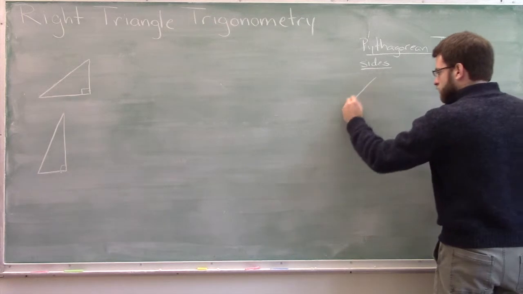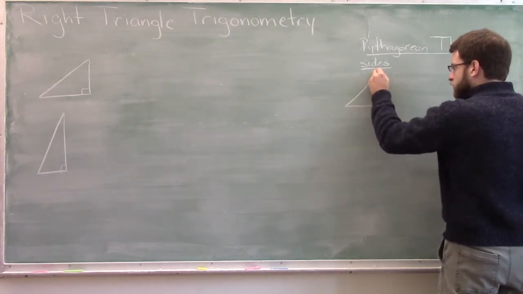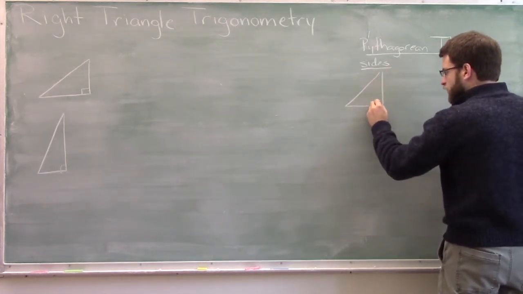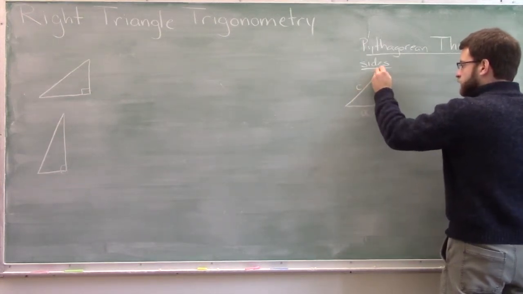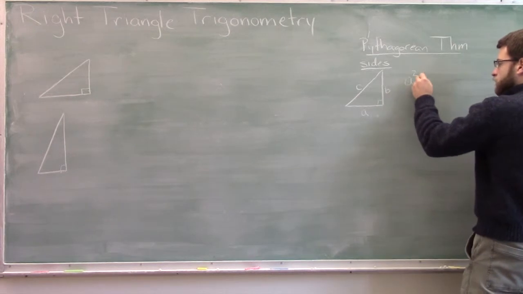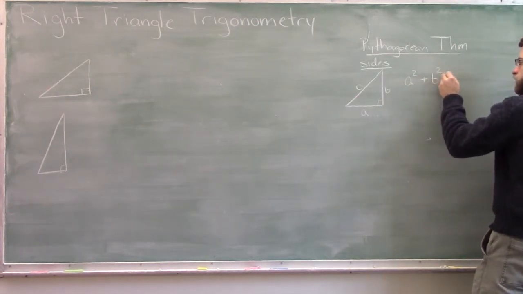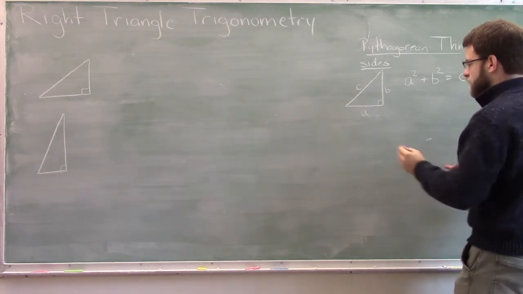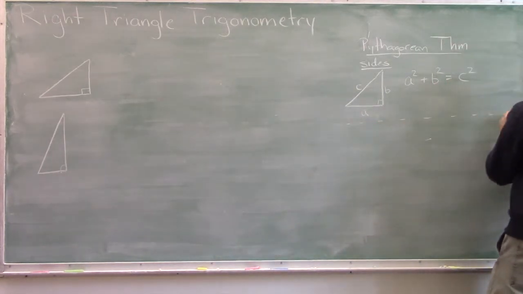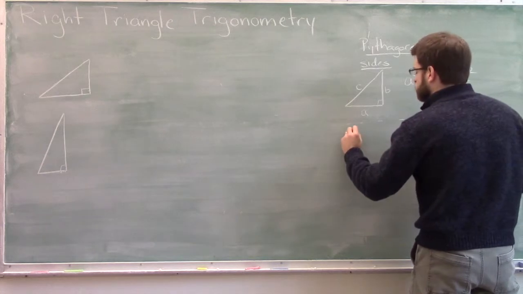Right, so if we draw in a right triangle here, if I call the legs of the triangle A and B and the hypotenuse C, we have the relationship that A squared plus B squared is equal to C squared.